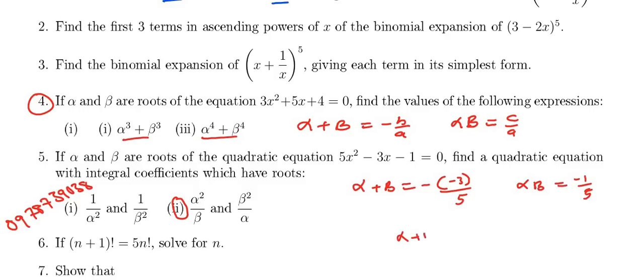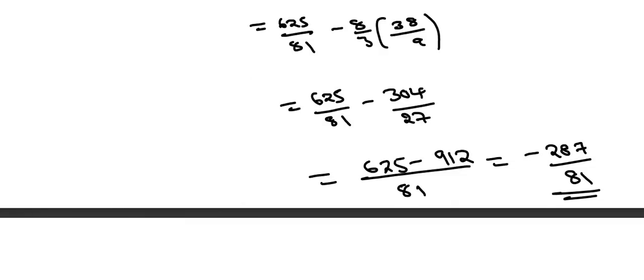So alpha plus beta is simply 3 over 5, and alpha times beta is negative 1 over 5. So now they're asking us to get a quadratic equation whose roots are these two. So we need to get the sum and the product of these two roots that we are given, if we are creating something else that's different.